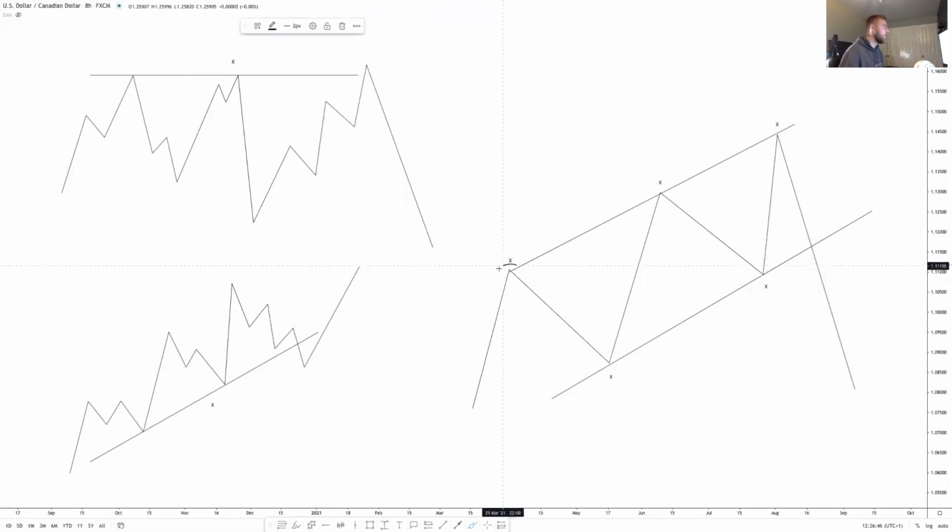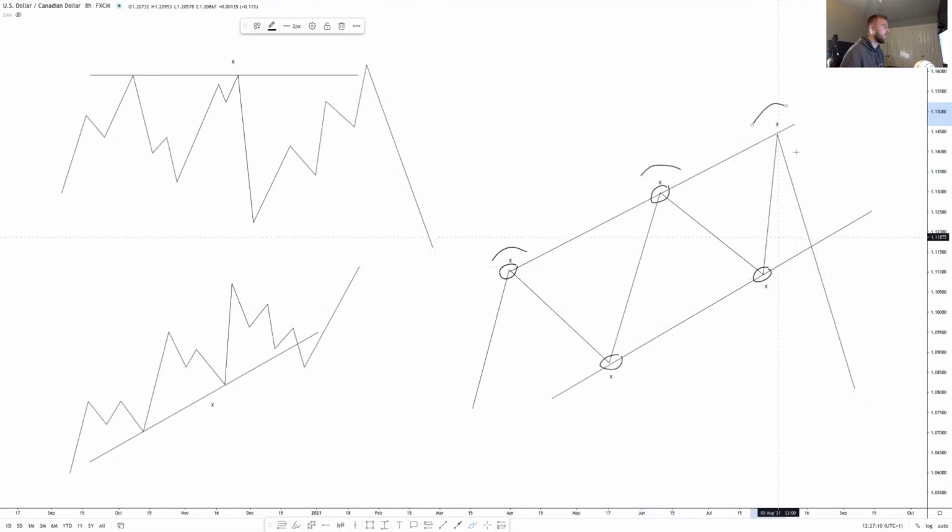But what we can also assume is we have sellers here, we have sellers here, we have buyers here, and we have buyers here. So again, what we can see is patterns are basically just like consolidated price, but because it's ascending or descending, it gives you an idea of where that consolidation is then going to move to. So what we can assume is, again, there's going to be liquidity above each one of these levels.